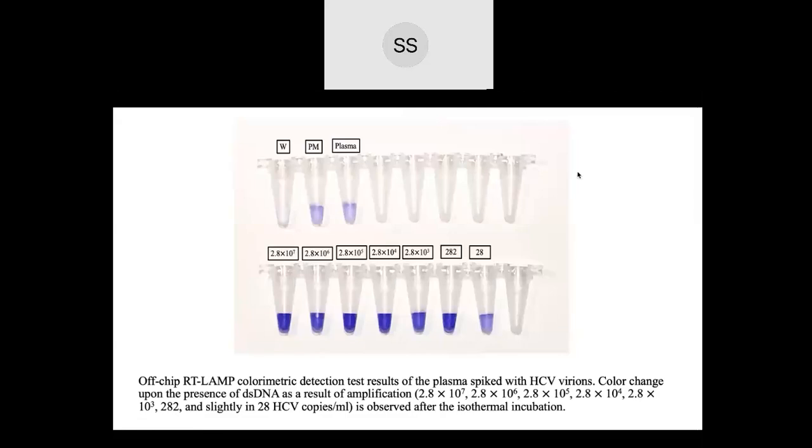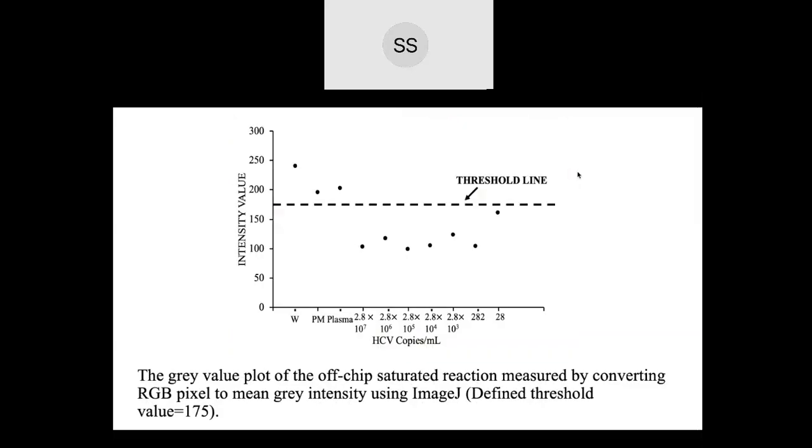Further, after the preliminary testing, to make it user-friendly on the platform, we validated these results with a colorimetric detection dye. We ran the experiment in the presence of leuco crystal violet dye, and where amplification occurs, we can see a dark violet coloration in the reaction, and no dark violet coloration is observed in the reaction where no amplification occurs.